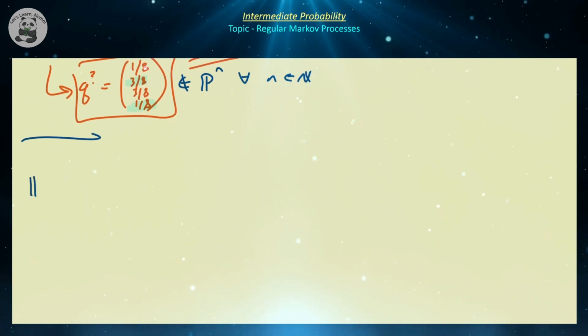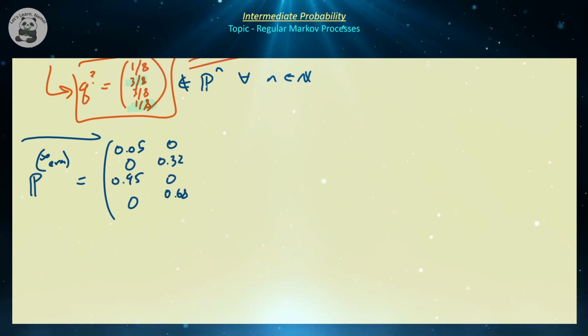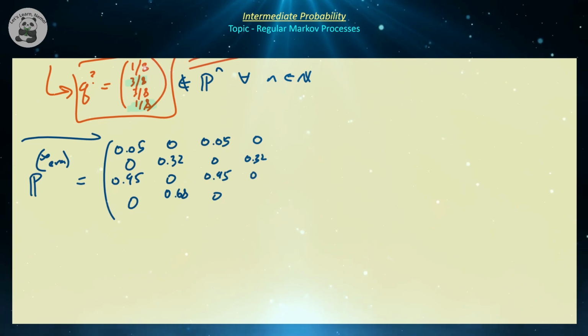If we look at P infinity even, so the even and then take the limit as n goes to infinity, what you're actually going to see is 0.05, 0, 0.95, 0. In the next column you'll have 0, 0.32, 0, and 0.68. Then you're going to have 0.05, 0, 0.95, and 0, and then 0, 0.32, 0, 0.68.